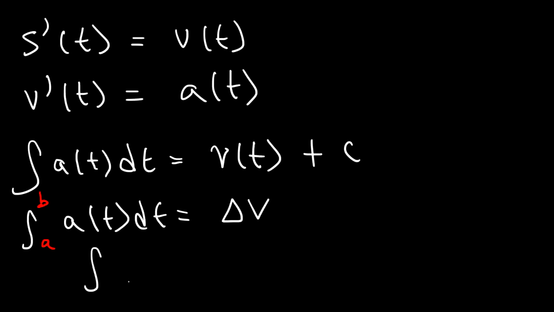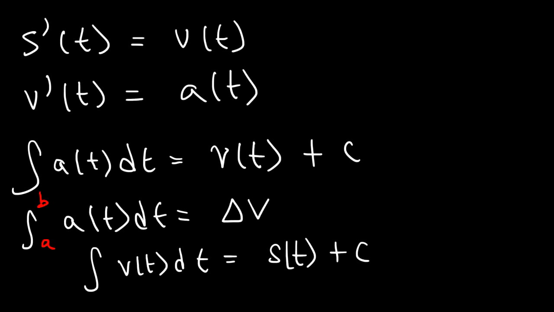Likewise, the indefinite integral of the velocity function can give you the position function if you can find a constant c. The definite integral of the velocity function will give you the displacement, which is the change in position.